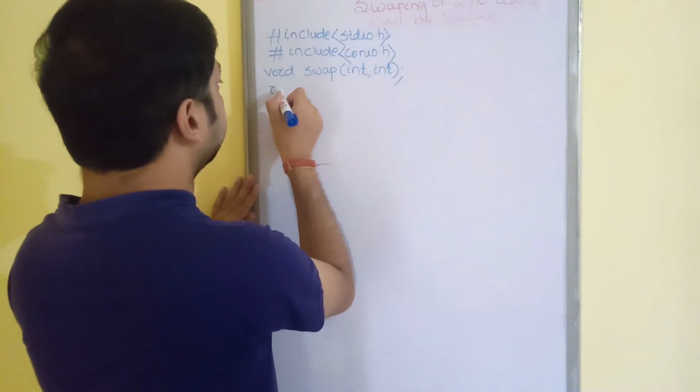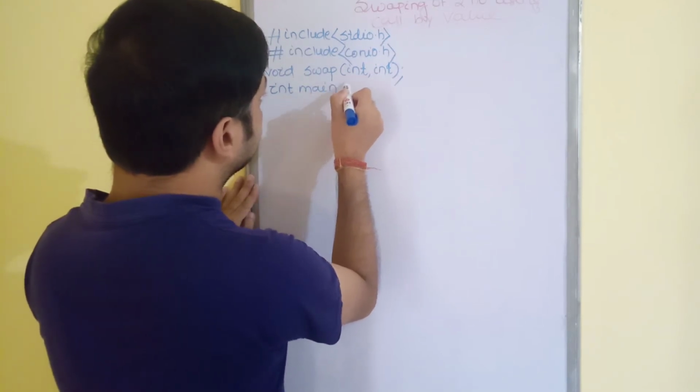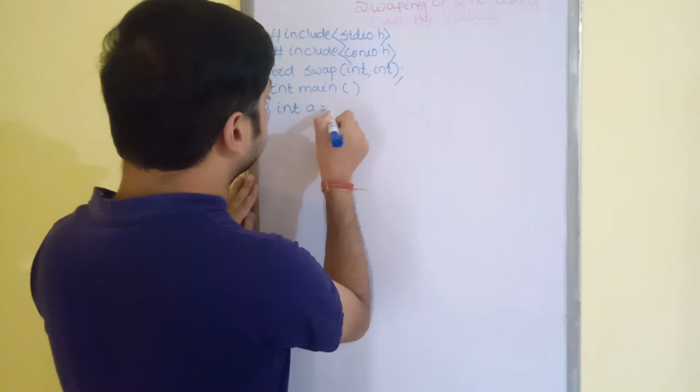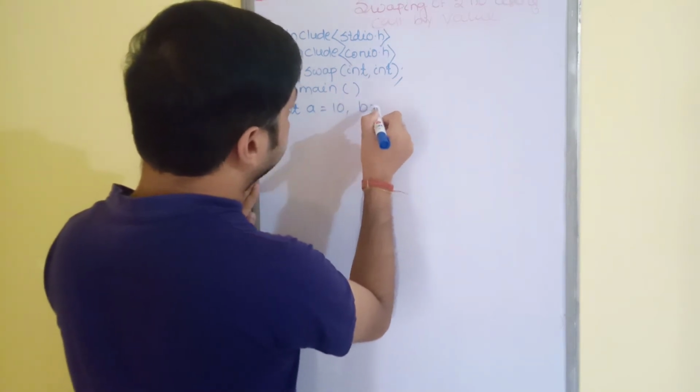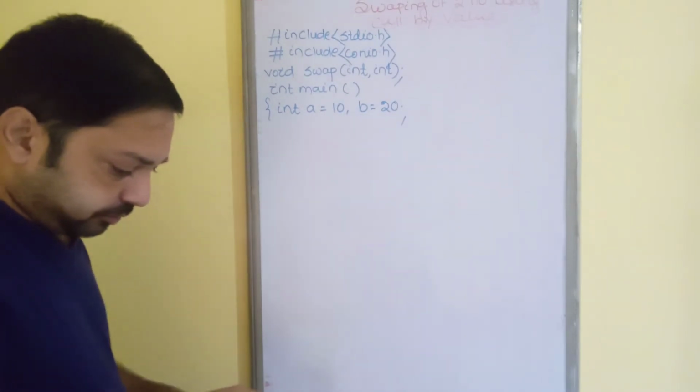Then int main, and I am taking two variables here, int a equals to 10 and b equals to 20.